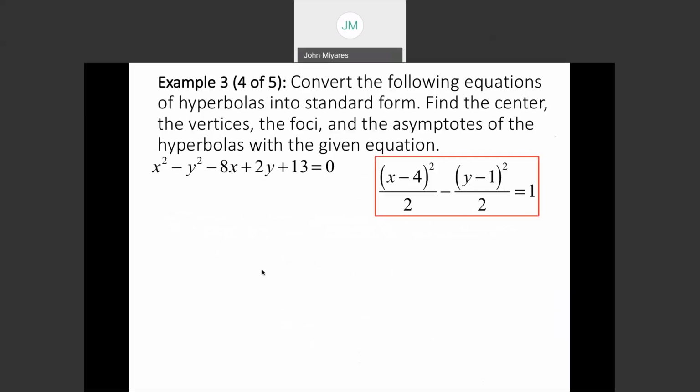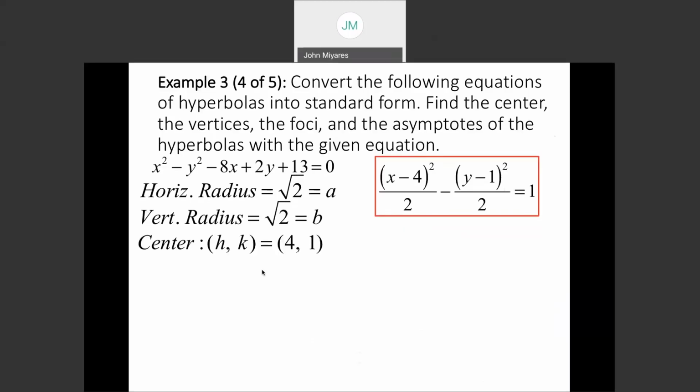Now that the equation has been rewritten into standard form, we can start to identify all of the properties of the hyperbola. The horizontal radius will be the square root of 2, and the vertical radius will be the square root of 2. The decimal equivalent for the square root of 2 is approximately 1.414. The center will be at (h, k), recognizing that in this form we have x minus h and y minus k, giving the center at (4, 1).